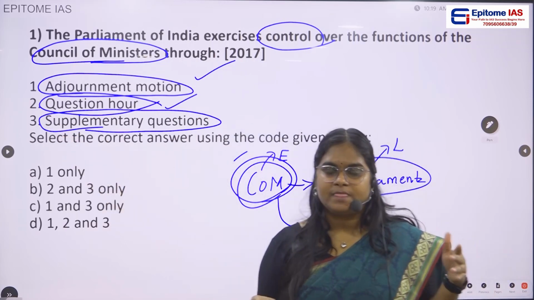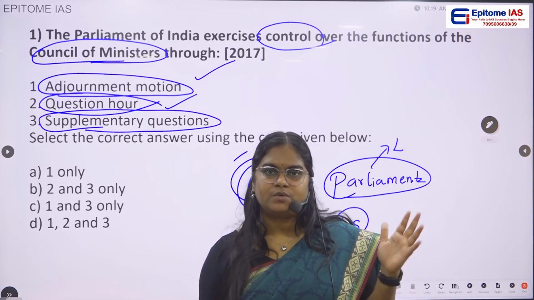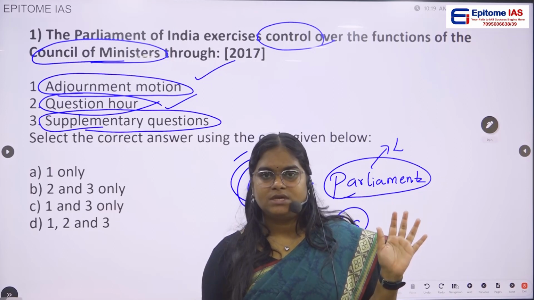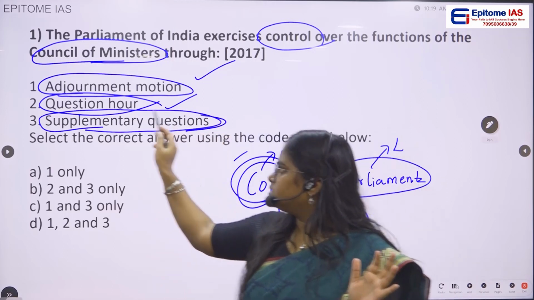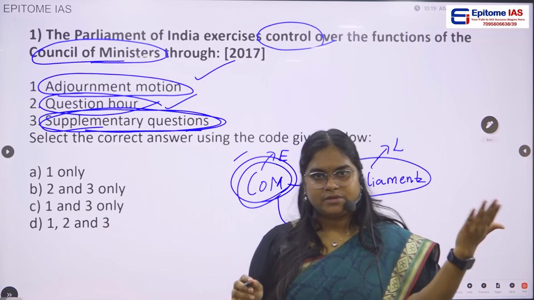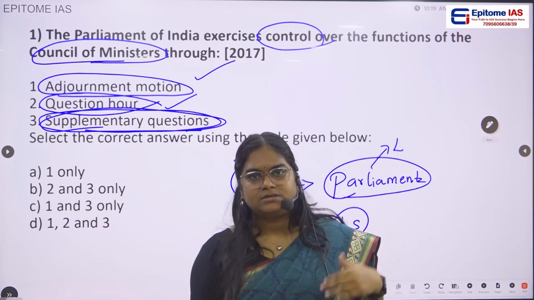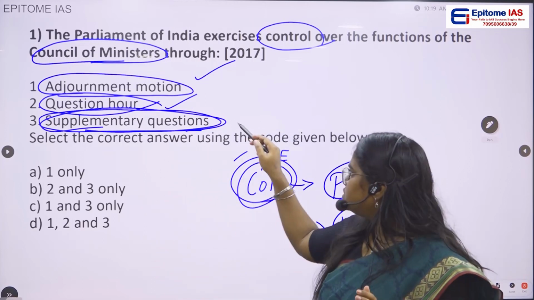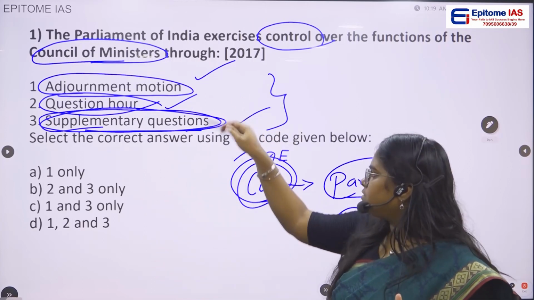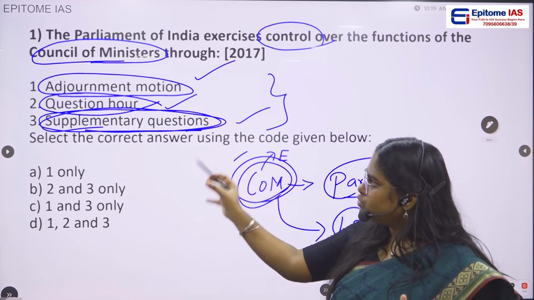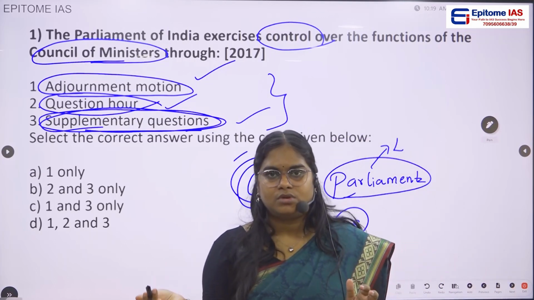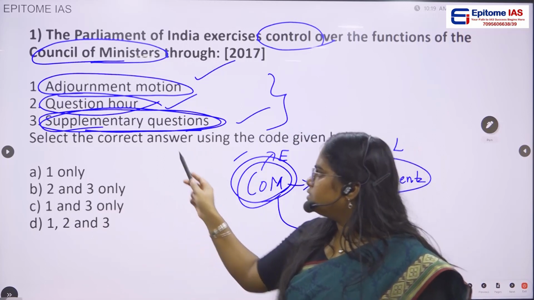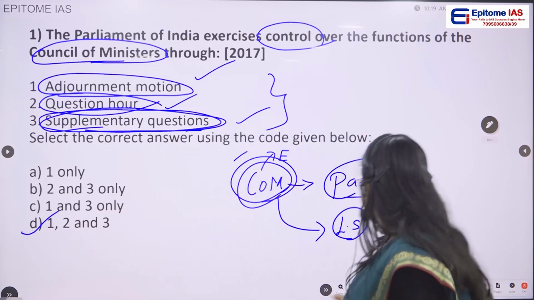Let's say they ask questions during the question hour and a minister is answering that particular question. Supplementary questions are asked after the minister gives his answer, again certain questions are asked to him. So yes, this is also there. All the three given options are tools for the Parliament to exercise control over the Council of Ministers. So 1, 2, 3, D is the correct answer.